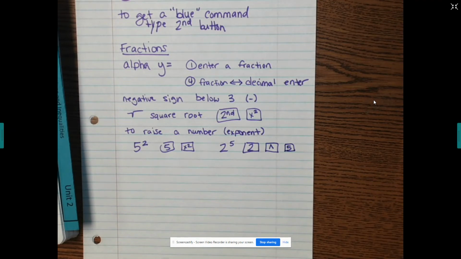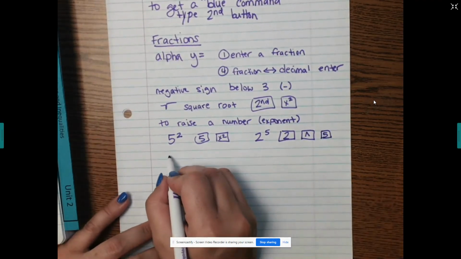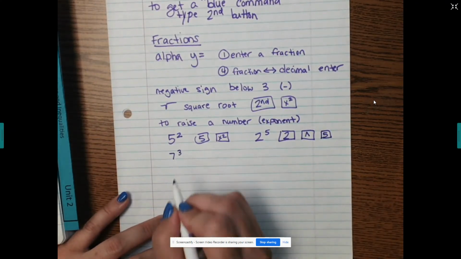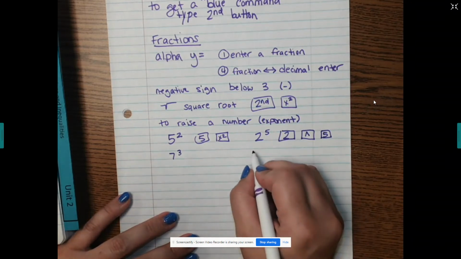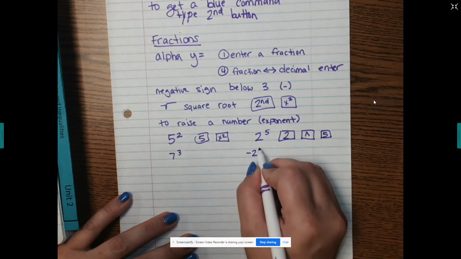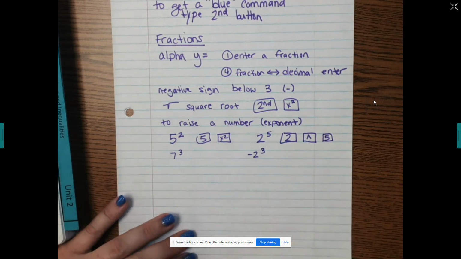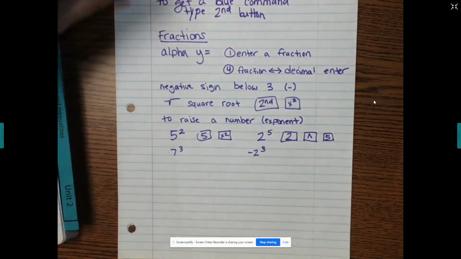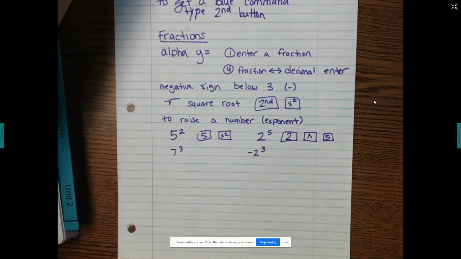All right, I want you to practice. I want you to do 7 to the 3rd power, negative 2 to the 3rd power. I'm going to give you a second to do those, okay? Look at the ones I just did. Take a moment.